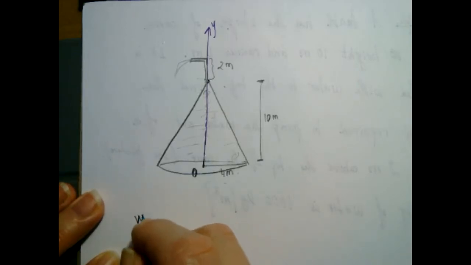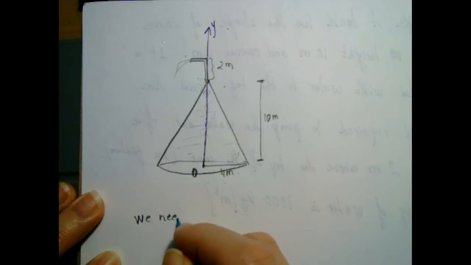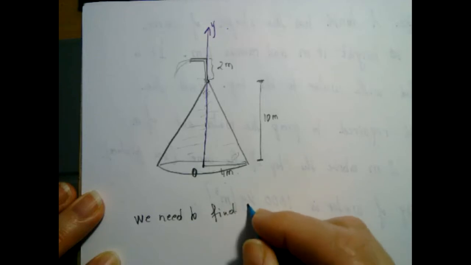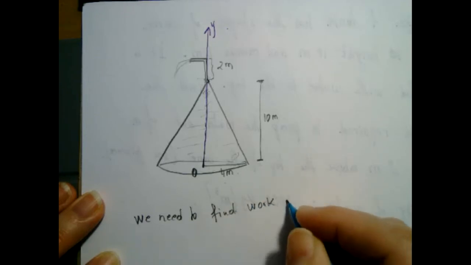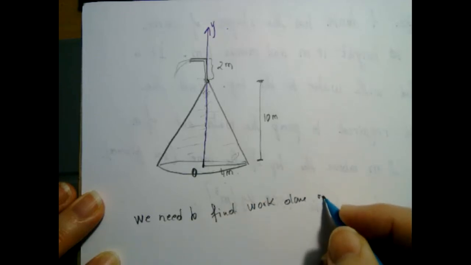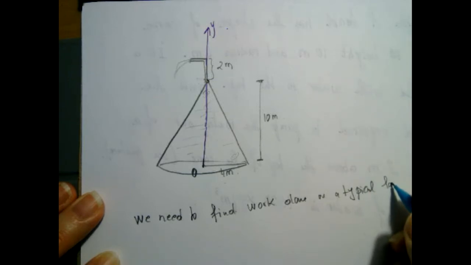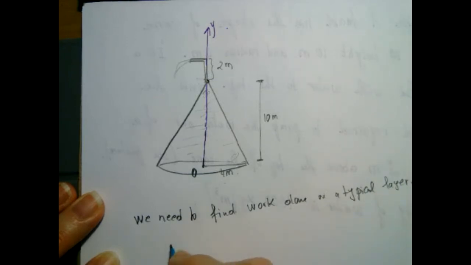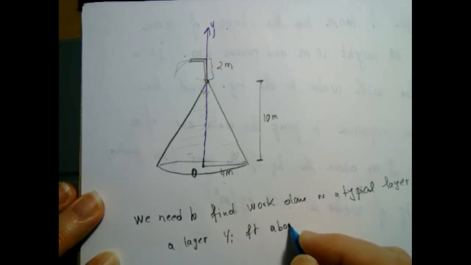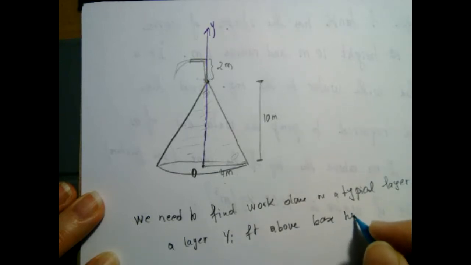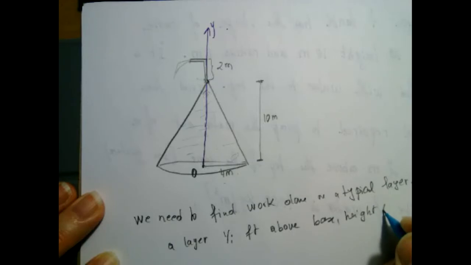We need to find the work done on a typical layer. What do I mean by a typical layer? It means a layer which is yi above the base with height delta y.